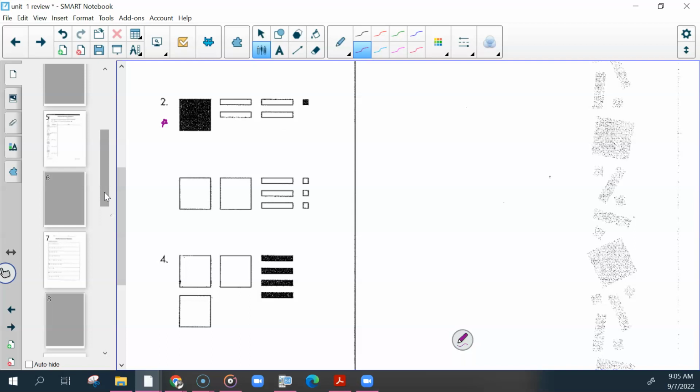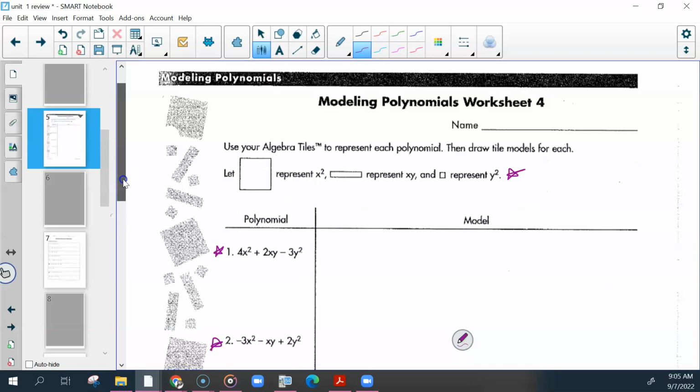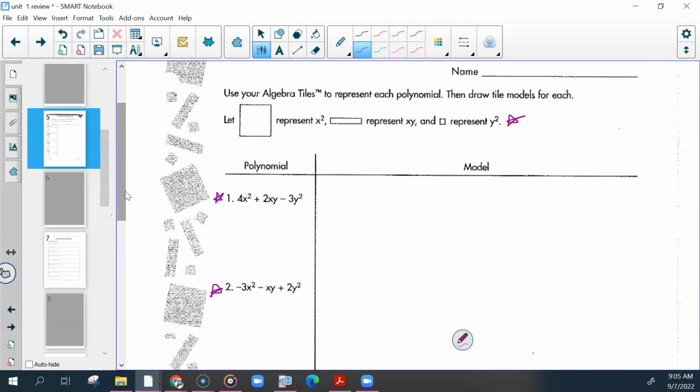Questions on Otis? The shaded ones represent negatives, correct? Correct. On the third page, questions on that one? So this is switched, and because of the way these are written, if you wanted to again change this to x and this to 1, you have to change any term you see with xy to just x, and any term with y squared to just the number.